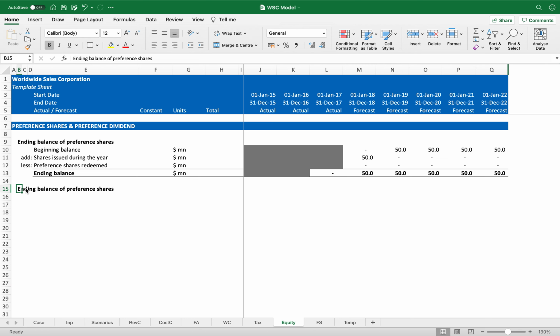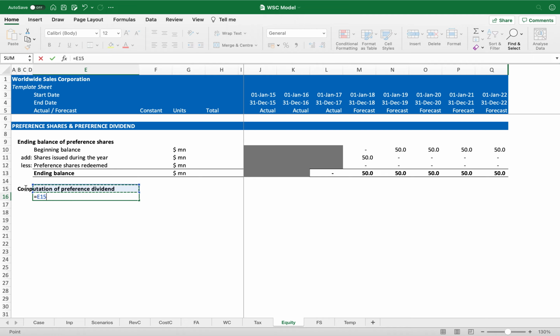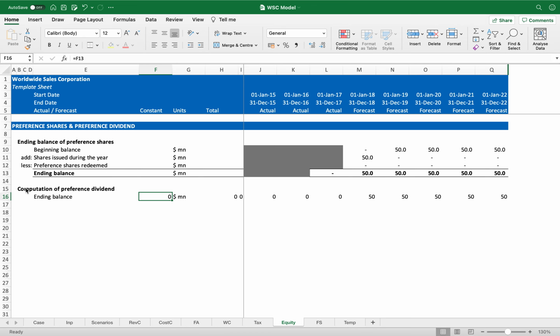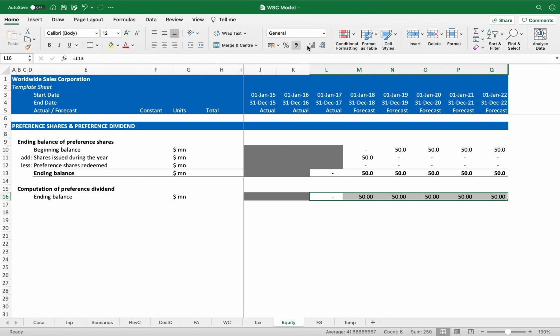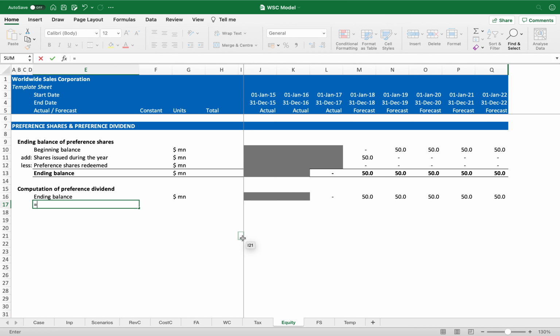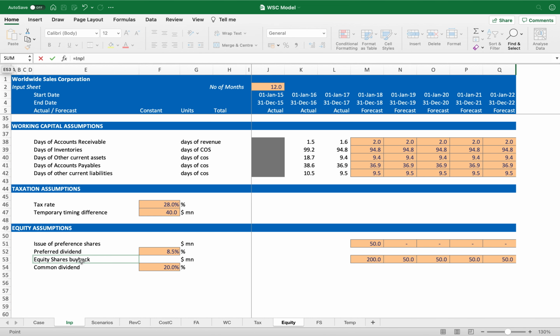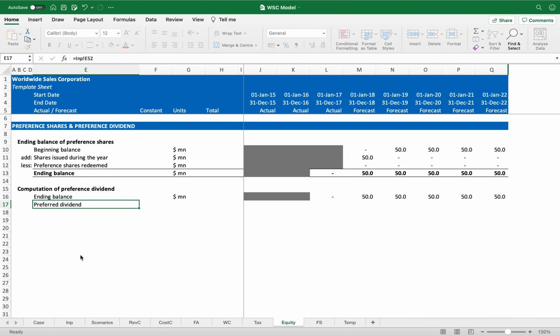Now let's compute the preference dividend. We have the ending balance of preference shares here. Let's link from the input sheet the preferred dividend rate.